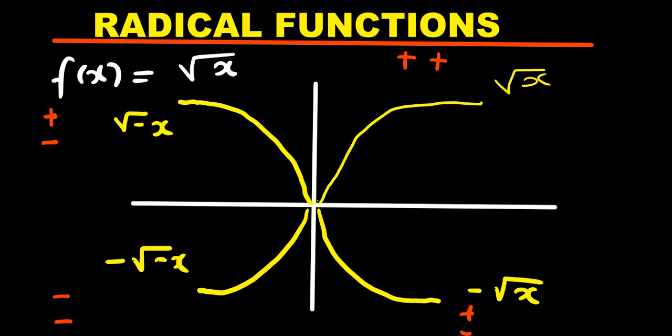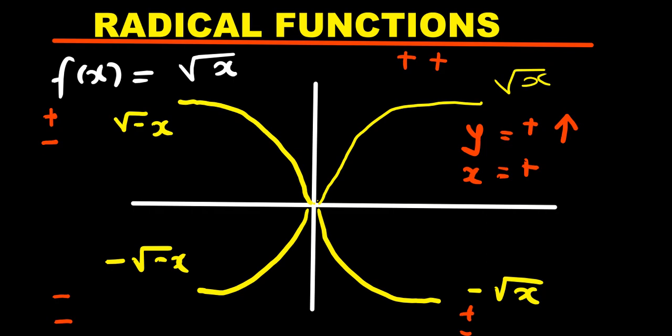Now let me make something very clear here. Because we're talking about the values of y, in this region, because it's positive, your graph will be going up. Then look at the value of x. We are saying it is positive.